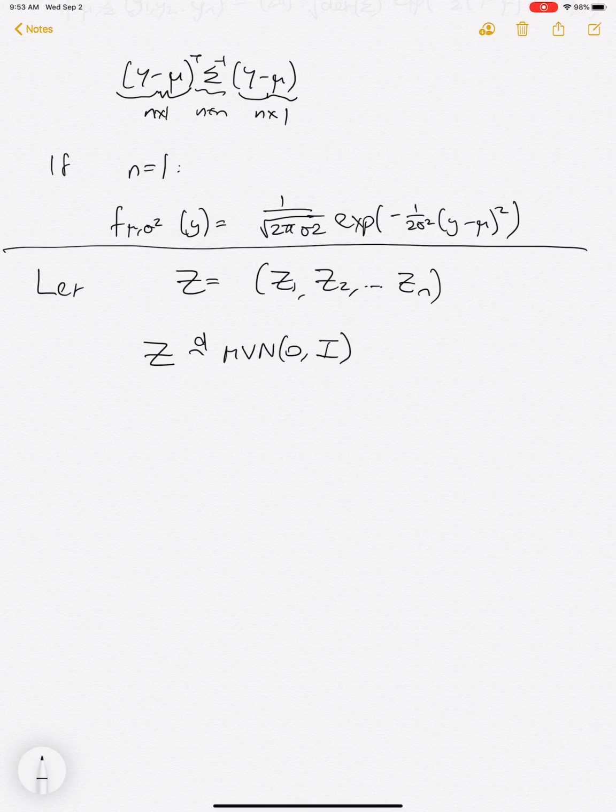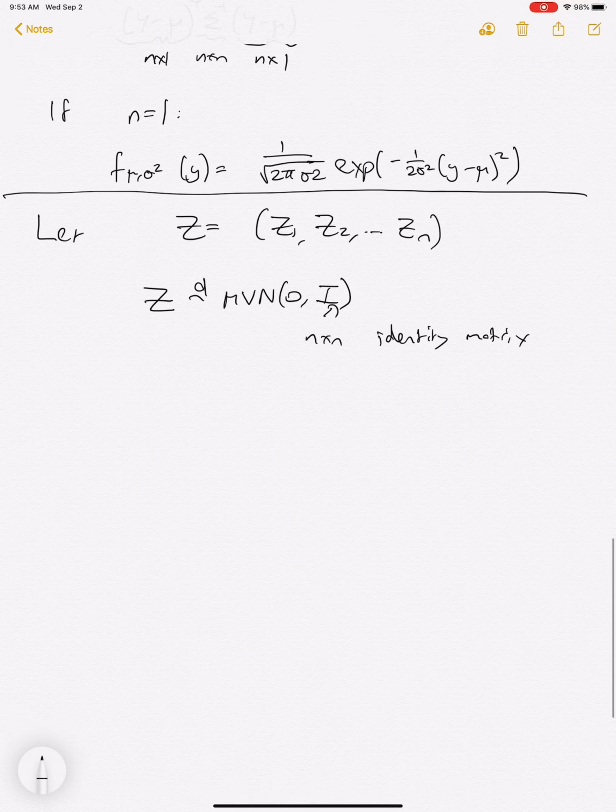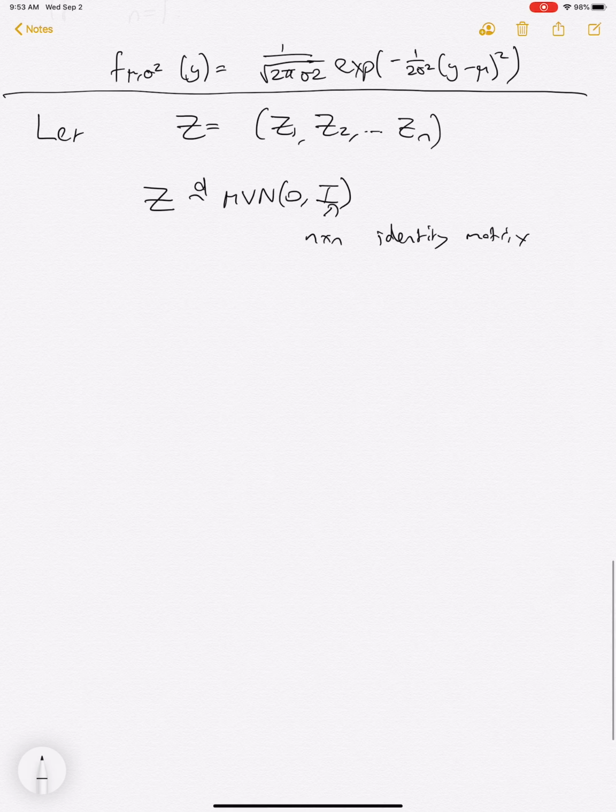Here, this is the n by n identity matrix. What that basically says is you take n independent standard normals.